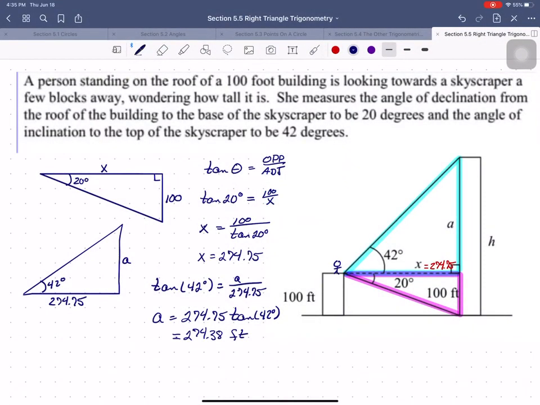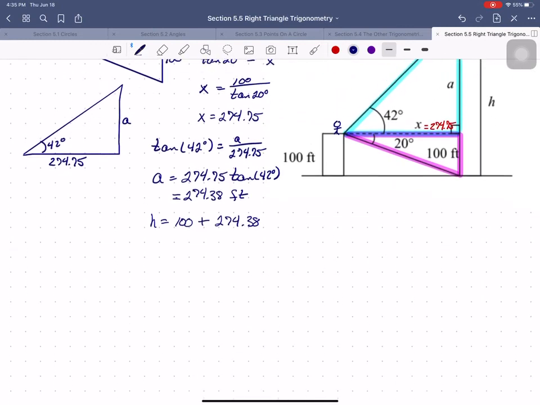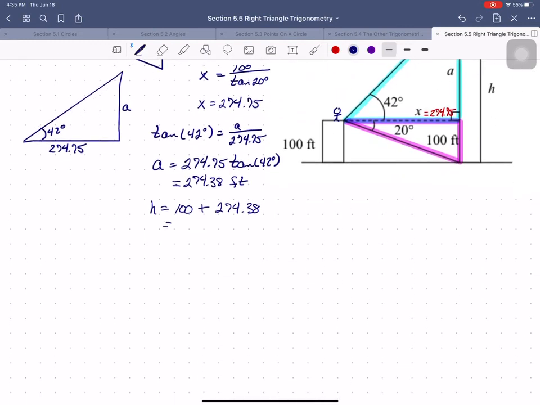But that's not actually what I want, is it? Because I want the height of my building. And h then is 100 plus my 274.38, which is 374.38 feet. And that is the height of my skyscraper.